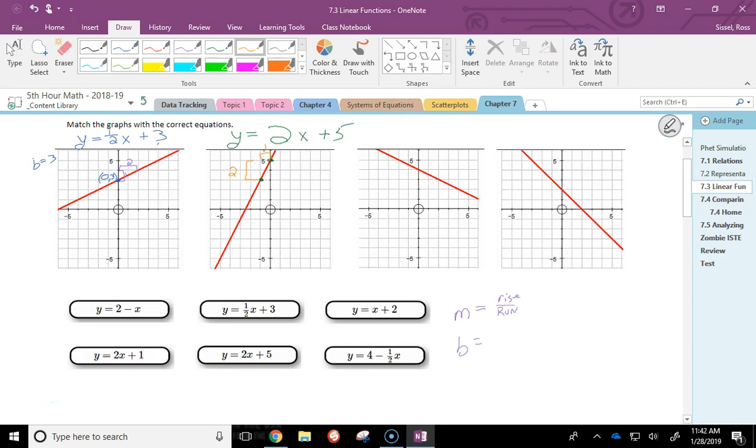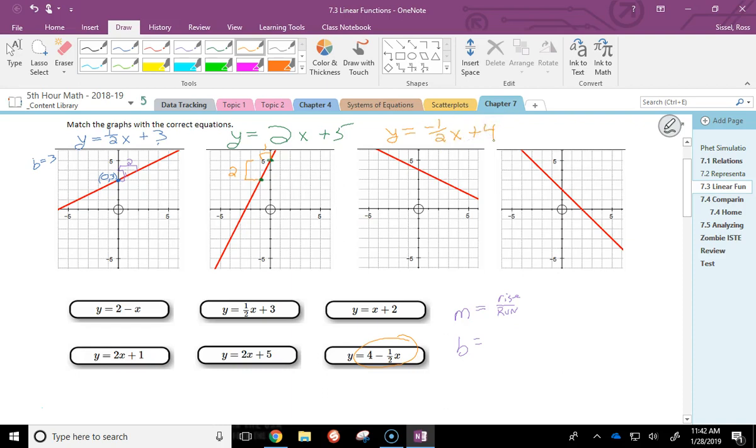How about the third one? Trying the same thing. Benjamin? Is it y equals 4 negative 1? Okay, so they put it this way, but we want to write it correctly where we always put our slope first.